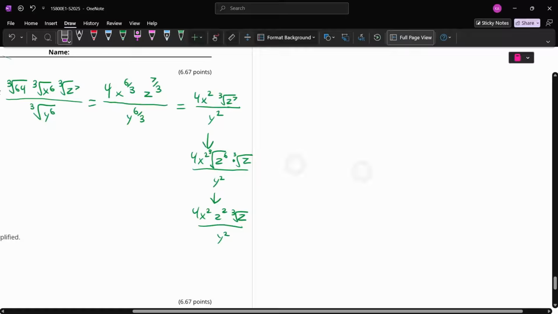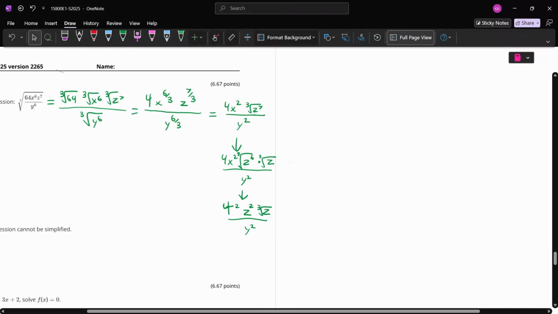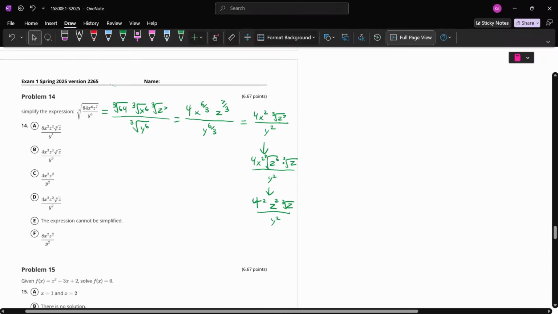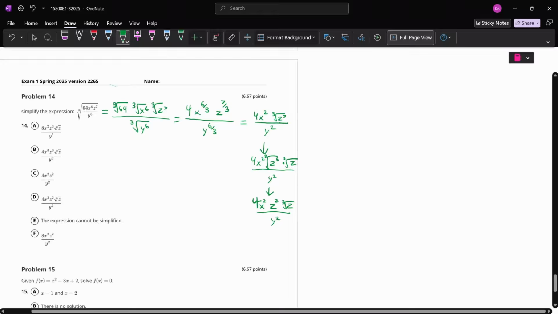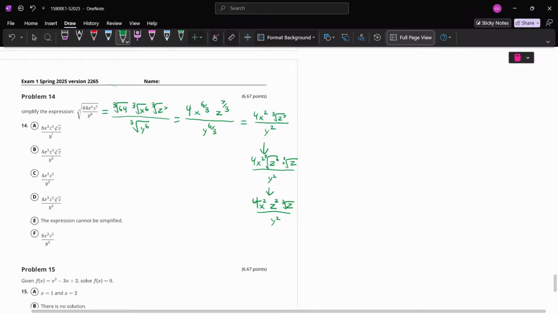That looks like a 2, so I could write that better. And that's supposed to be a 4. There we go. So this is just about as far as we can simplify this. And matching that up with our answer choices, there's supposed to be an x here, my bad. The answer to this question is going to be D.